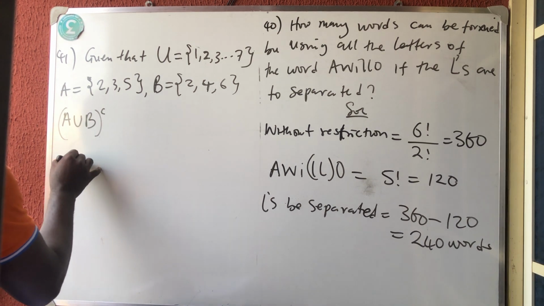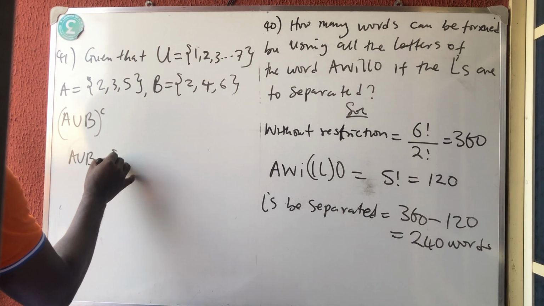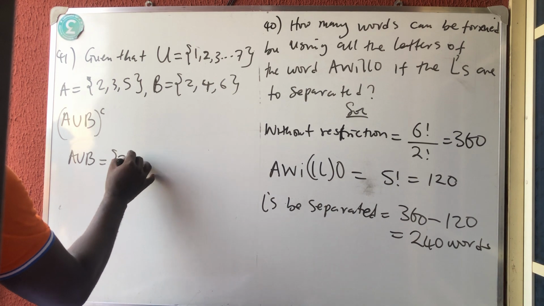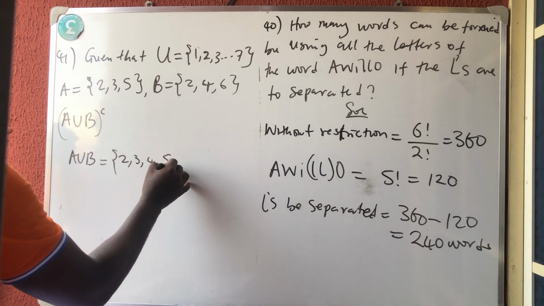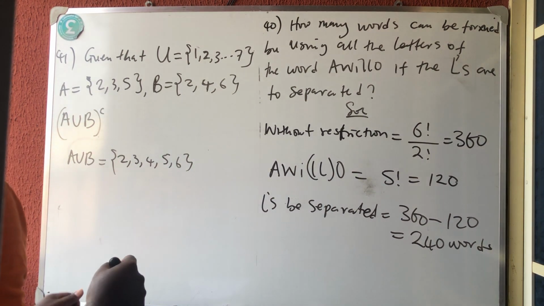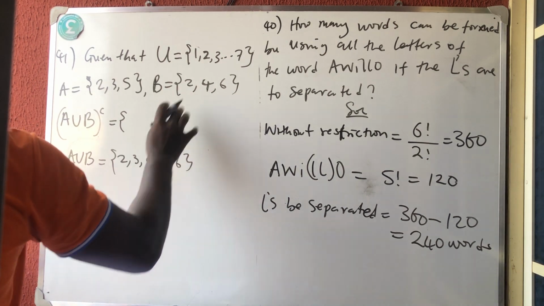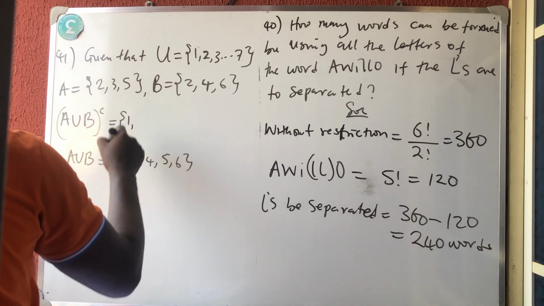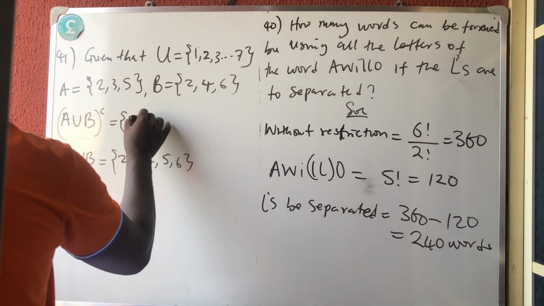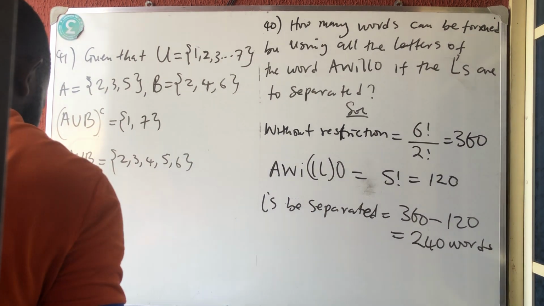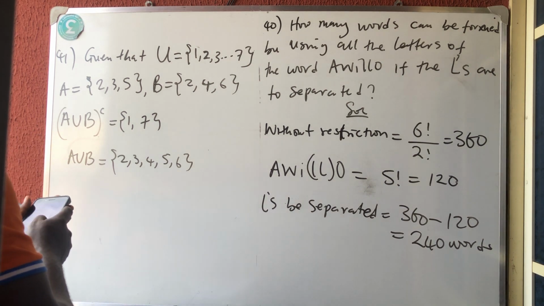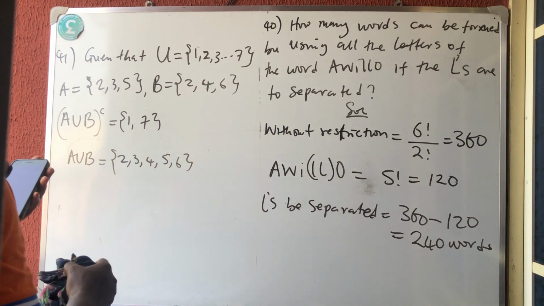First of all, you need A union B. A union B means to unite A and B, which is 2, 3, 4, 5, and 6. Then complement means remove it from the universal set. If I remove their union from the universal set 1, 2, 3, 4, 5, 6, and 7, I'm left with 1 and 7. So that is that. Very, very simple question.